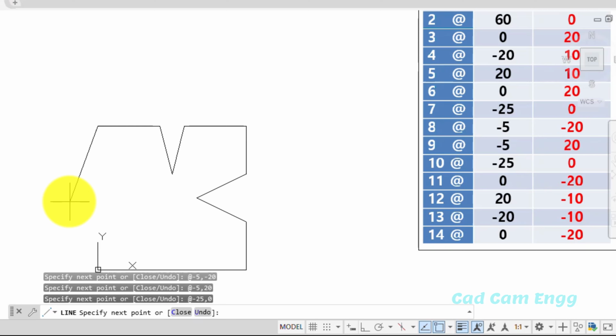Point number 11: @ 0, minus 20. Point number 12: @ 20, minus 10.